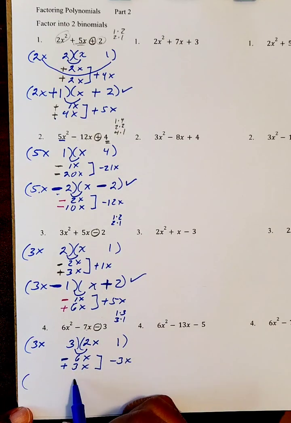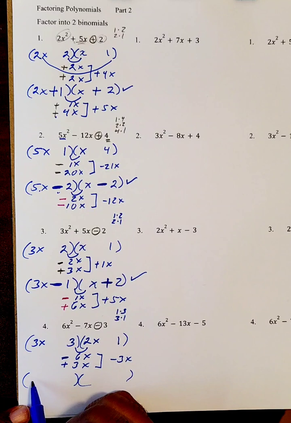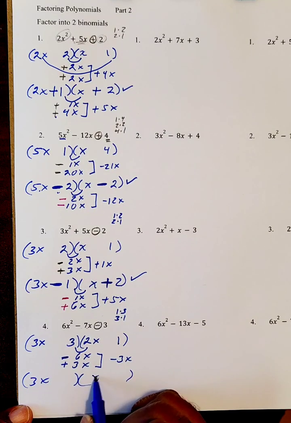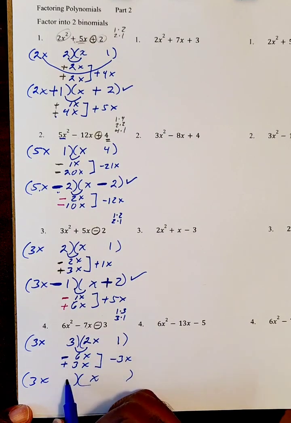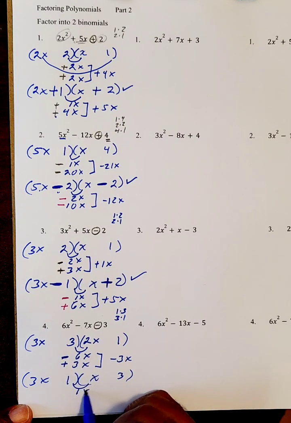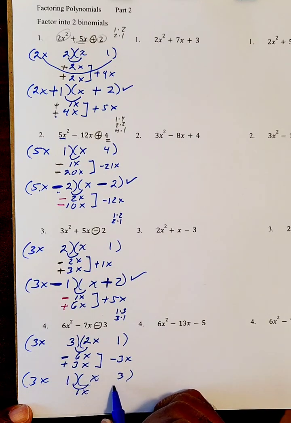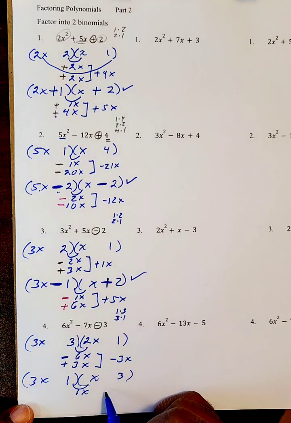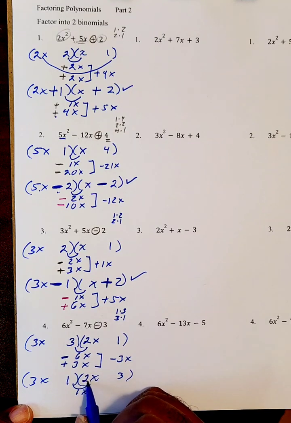So instead, let's try this again and use, rather than 3 times 1, 1 times 3. So this combination gives us 1x, and this combination gives us, am I doing this right? Looks like I'm doing something wrong. Oh, I forgot my 2. So 1 times 2, 2x.